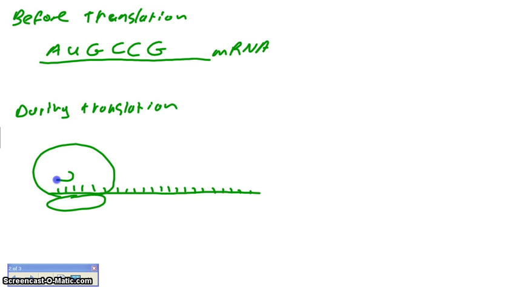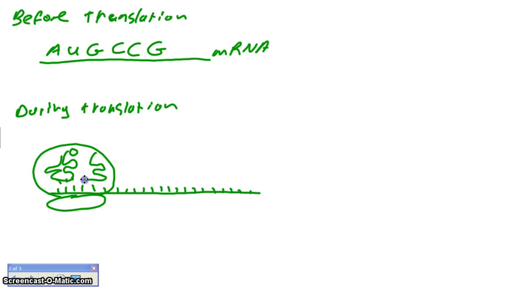That's going to come in, and we're going to have a little amino acid right there. Its anticodon is going to match up with this codon, and then we're going to have another tRNA.